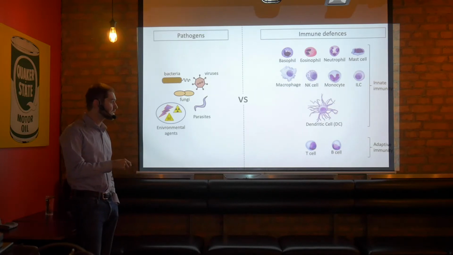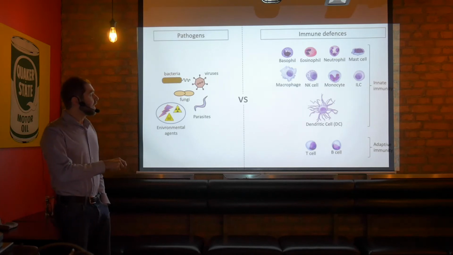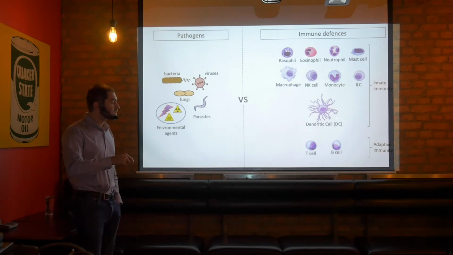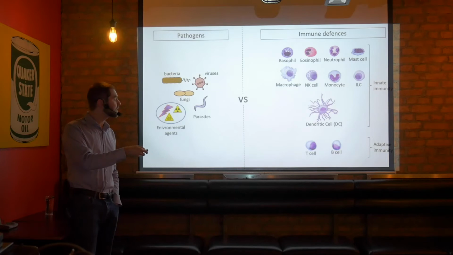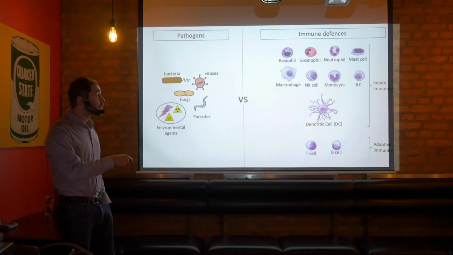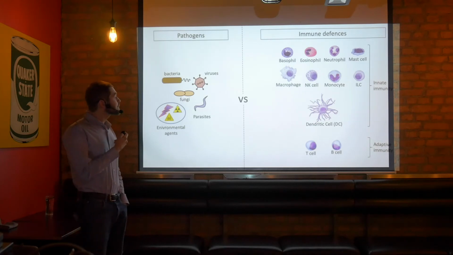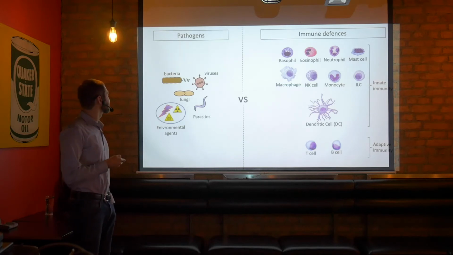The dendritic cells that we were talking about are, by definition, innate immune cells. But they represent, thanks to their function that we're going to talk about, a connection between the innate immunity and the adaptive immunity. We can use an analogy to understand better these concepts.